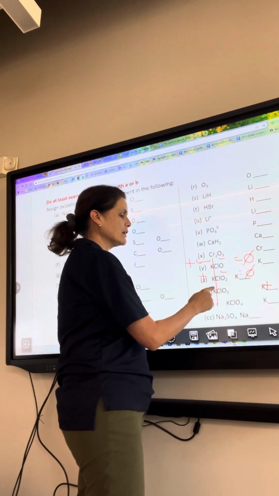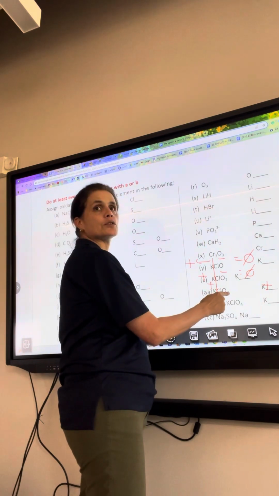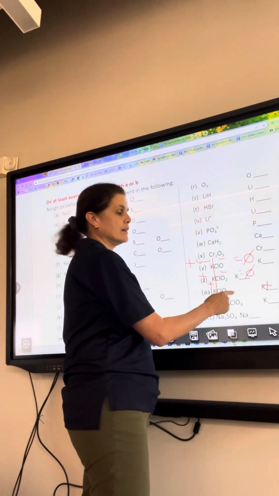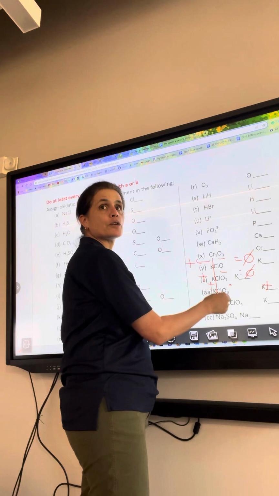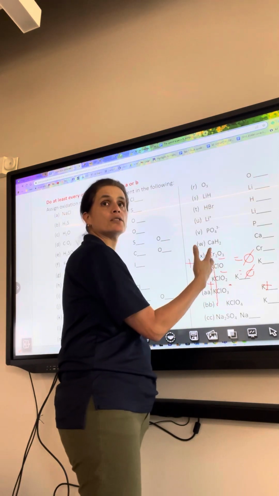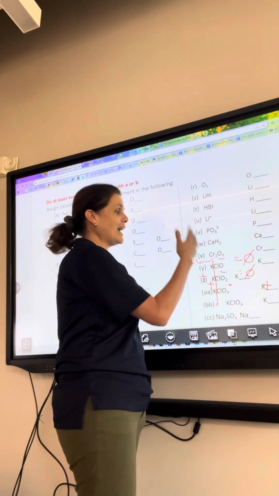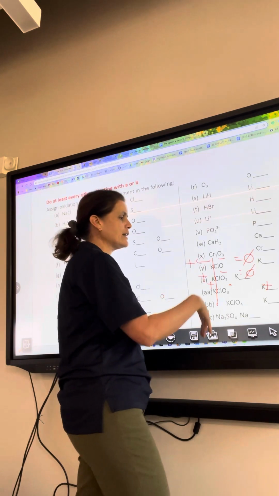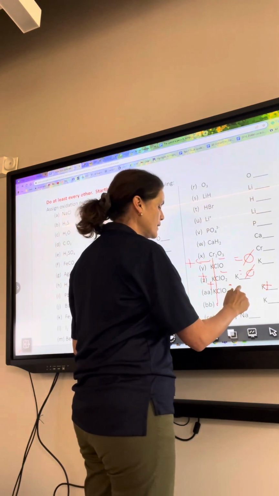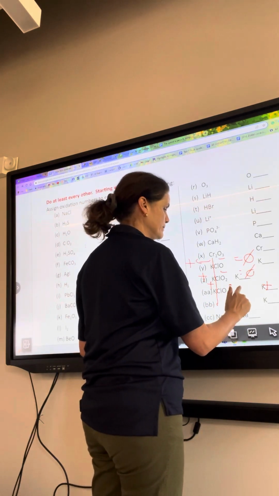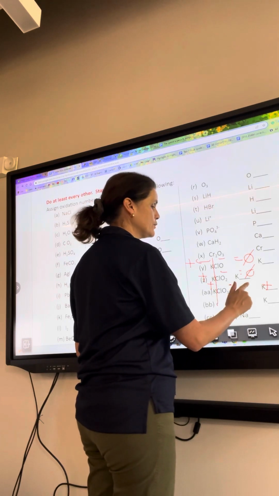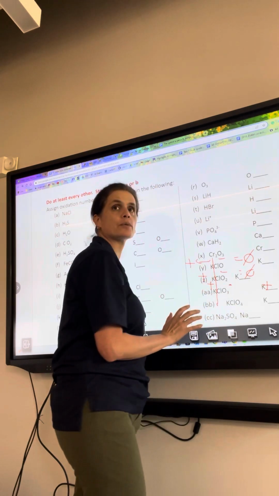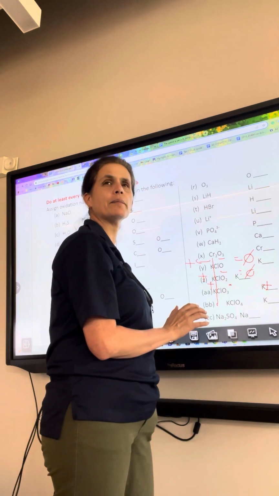What about here? This is a positive, that's the ClO3. So they all have the same charge for the polyatomic ion, although the oxygens are changing, right? But the potassiums are not. So that's all going to be negatives so that you get a neutral charge, right? Does that make sense?